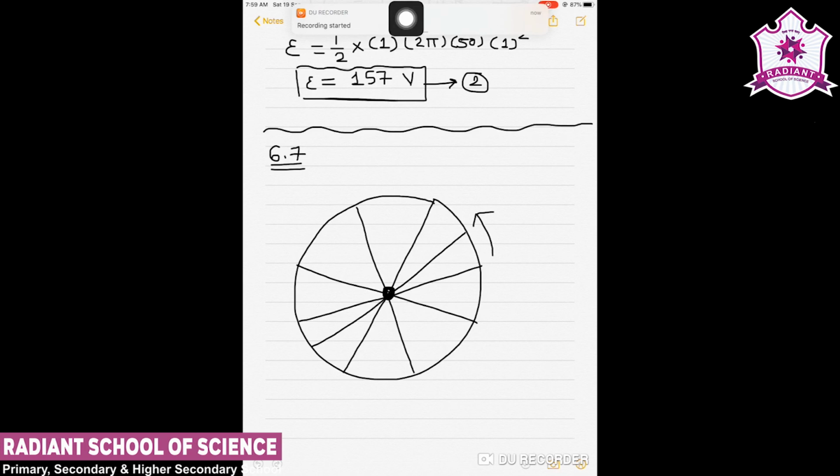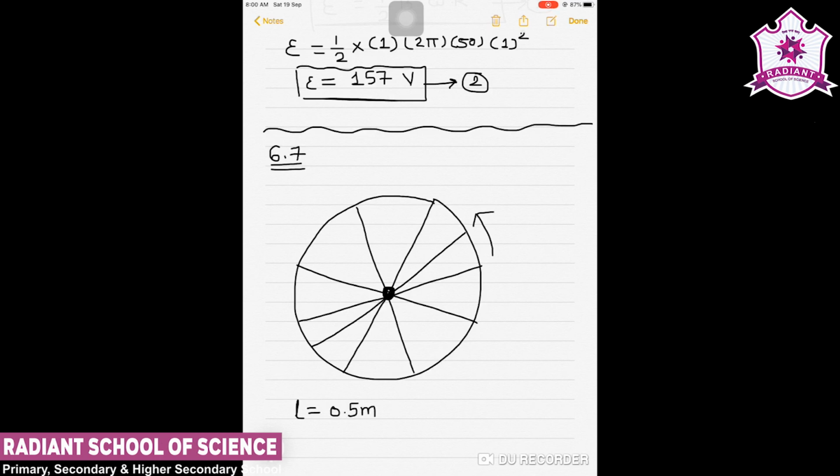Hello dear friends, now we will see example number 6.7, that is an illustration. It is given that a wheel with 10 metallic spokes, each 0.5 meter long. So here the length of each metallic spoke is 0.5 meter.